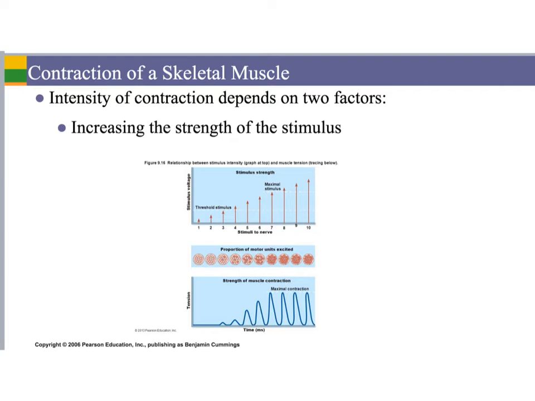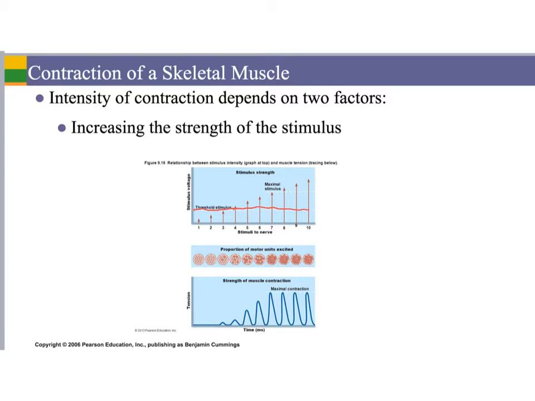And you can see the threshold must be met here in order for contraction. And then once the threshold is met, the more motor units that are activated are going to increase the tension in that muscle, increase the strength of contraction.